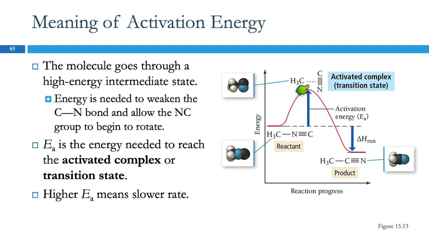If the activation energy is greater, maybe it's up here, it takes more energy to get to that state where the reaction could occur. If this is less activation energy, the hump is not as big, you don't need as much energy to get over. If we have a high activation energy, the reaction is going to be slower because fewer of the approaches are going to have enough energy to get over.